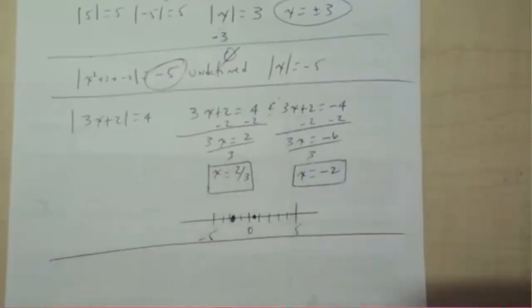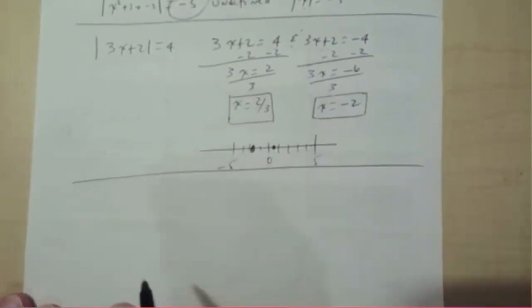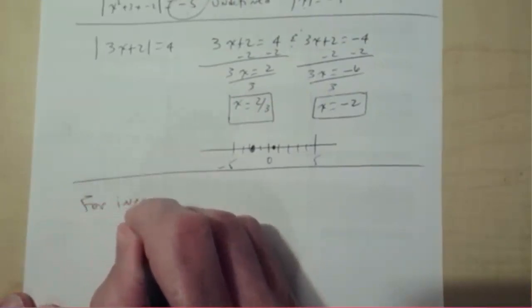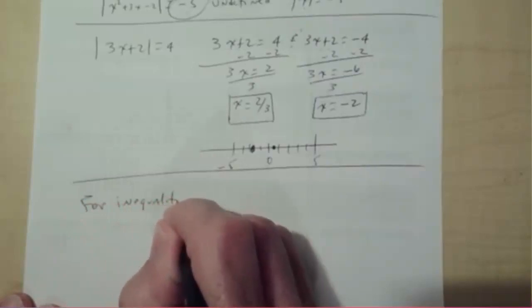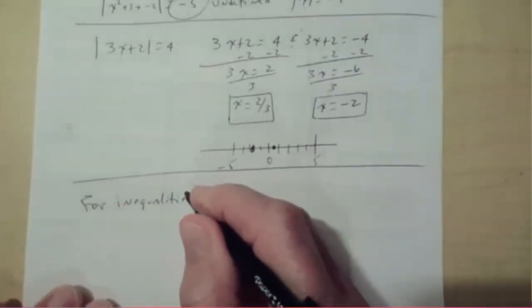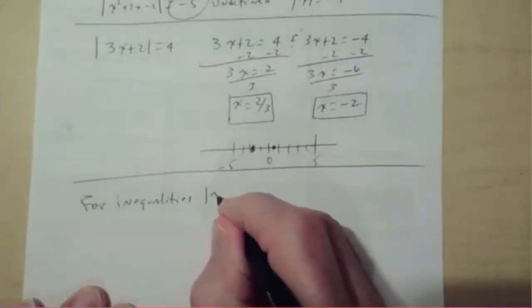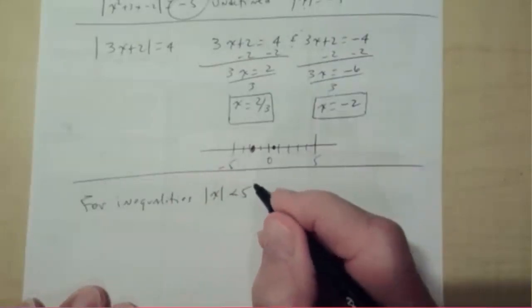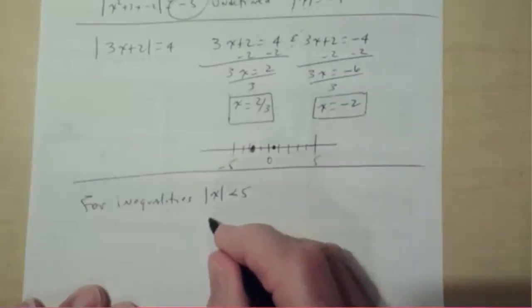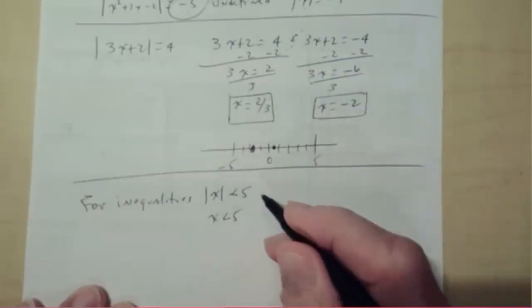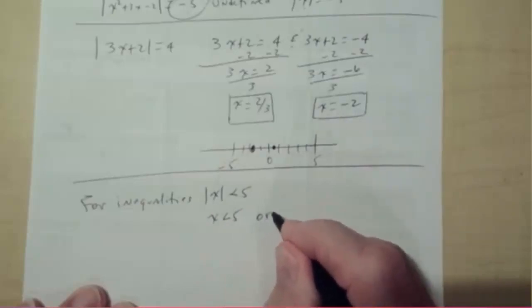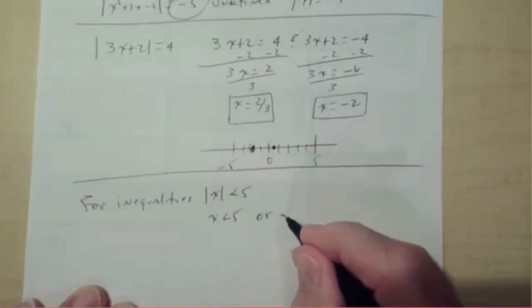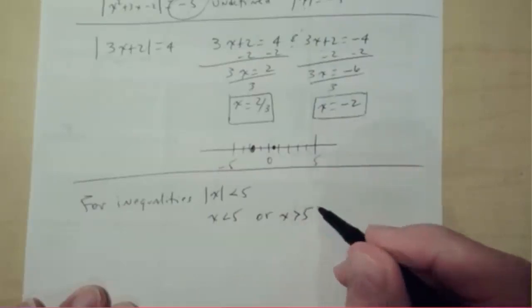And for inequalities, say the absolute value of x is less than 5, we can have, excuse me, we can have x is less than 5, or, because if this is negative, we can have x is greater than 5.